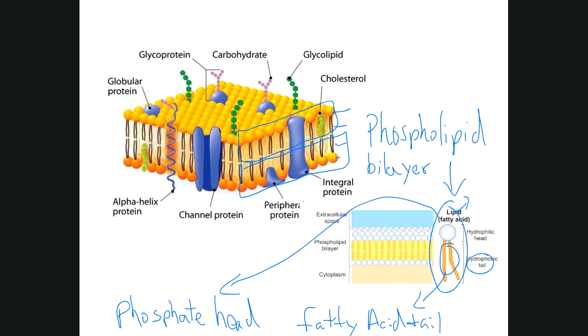Phospholipid bilayer right there. Okay, so what I was talking about before is if you have a small molecule, it's not charged, it can pass right through in any direction. But if you have a large molecule, you may have to have a specific place where it can pass through, and that would be the channel protein, or the protein channels.